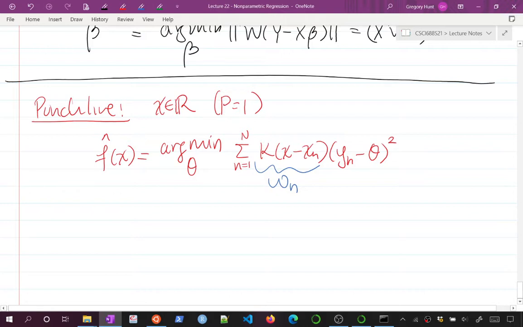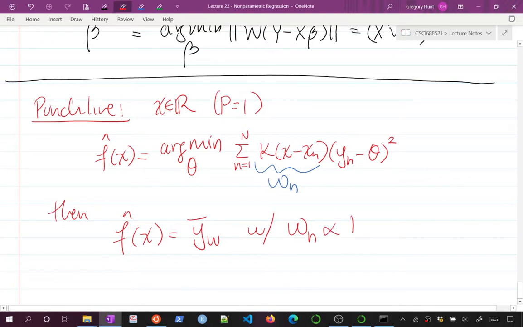If we were to estimate y hat as f hat of x by finding the value of theta that minimized this thing, then as we argued above, this is a weighted y bar, with the weights Wn proportional to this.